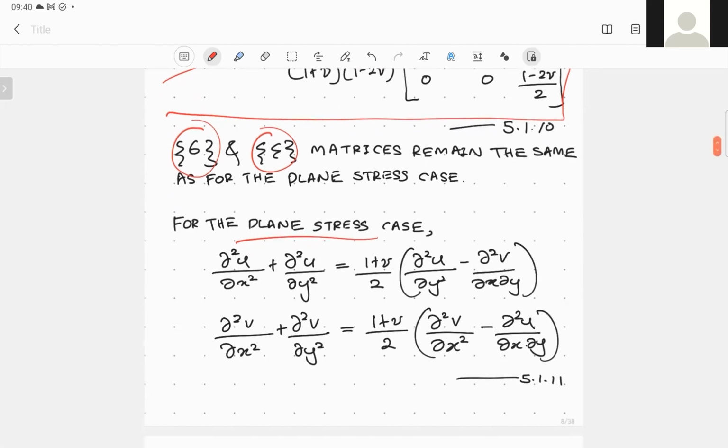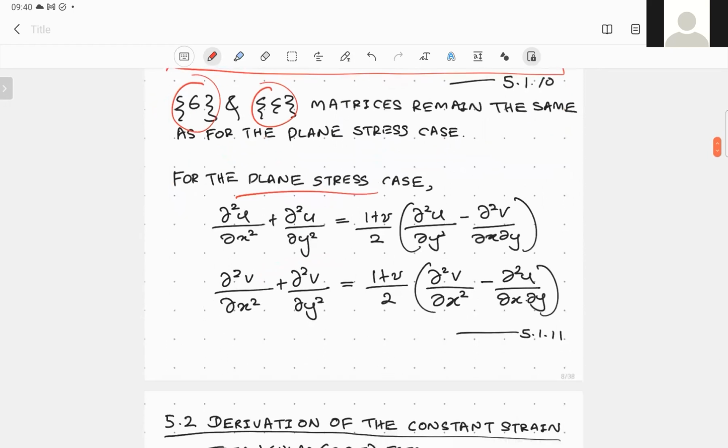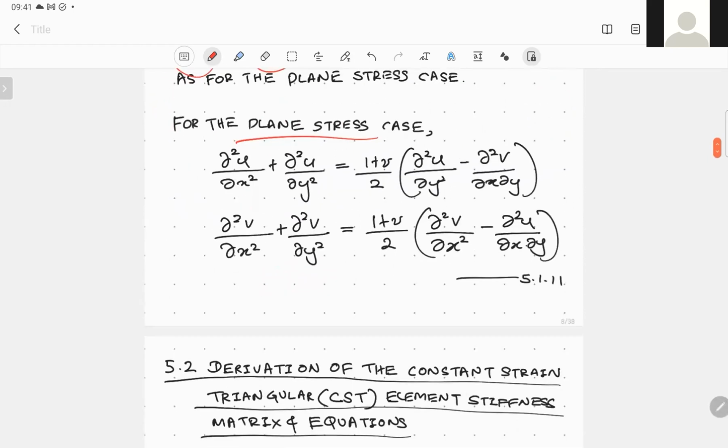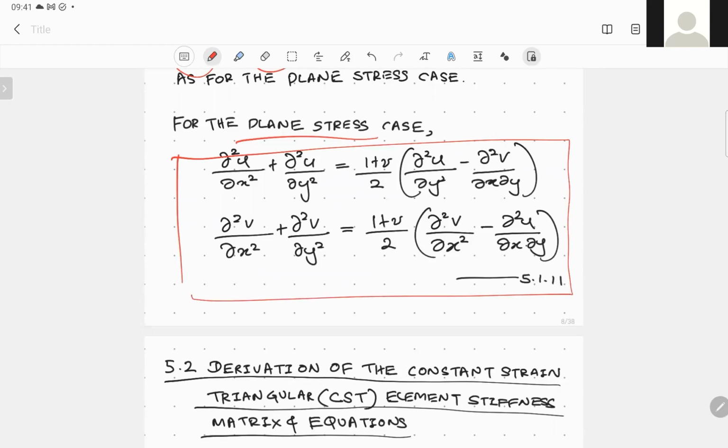For the plane stress case, take these equations. You have to either refer to a reference or take my word on this. In this case, you can take my word on this, and when you're interested, you can go and refer to how these derivations are done.